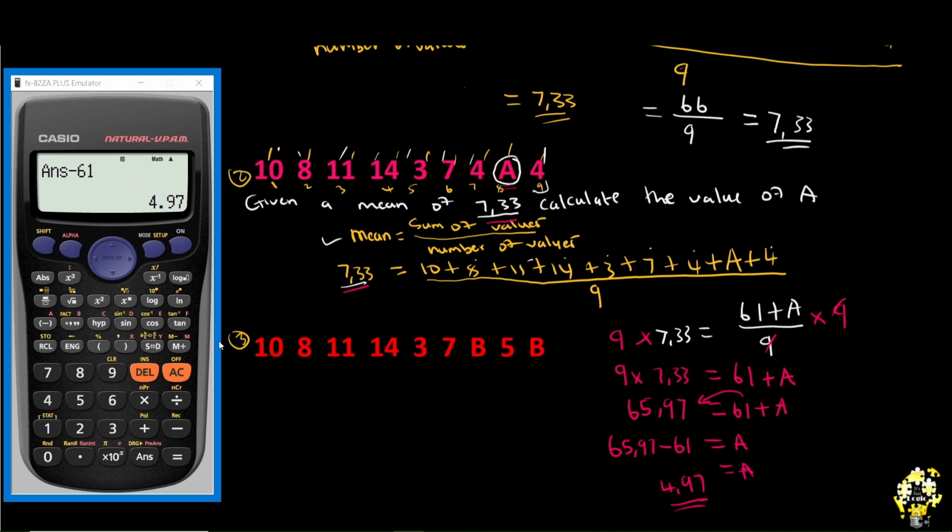Now we want to prove that indeed, if we plug it here, let's use a Y. Let's plug this 4.97 here and see if we are going to get this mean if we are reversing it. Now just watch what I'm going to be doing here. 10 plus 8.